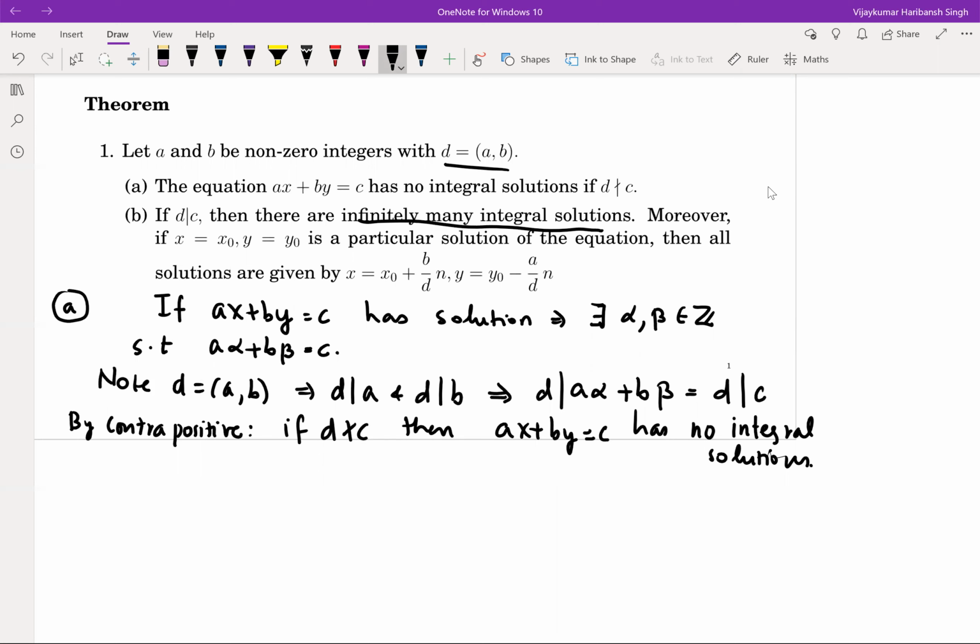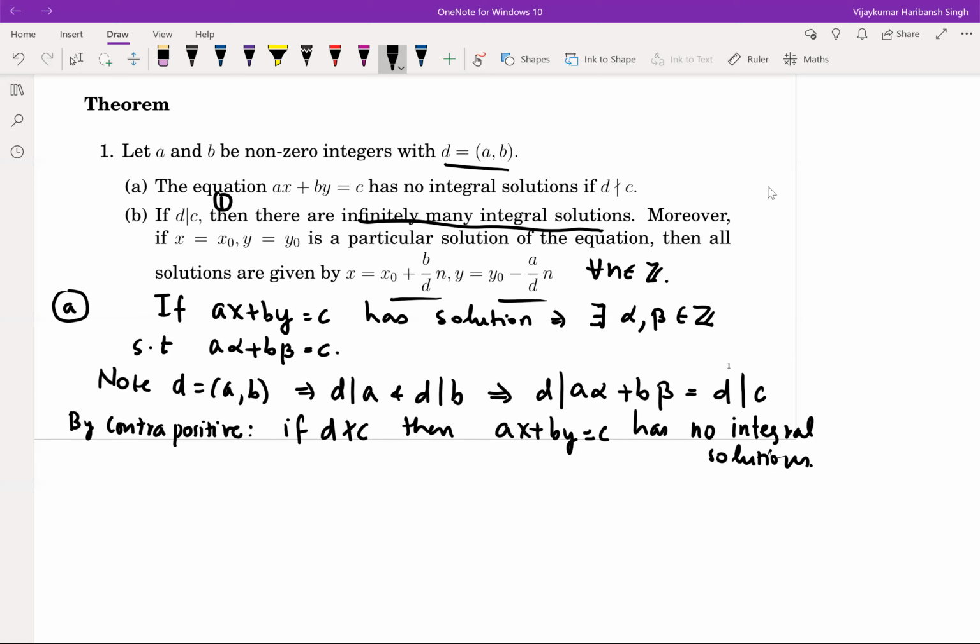Then there are infinitely many solutions, and these solutions are of the form x equals x naught plus b by d times n, y equals y naught minus a by d times n, for all n belonging to Z. And all the solutions are of this form. So it means these numbers are the solutions, and all the solutions look like this.